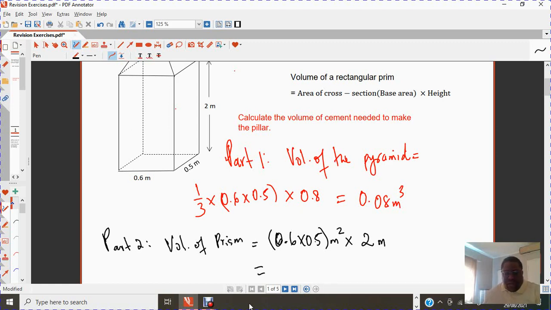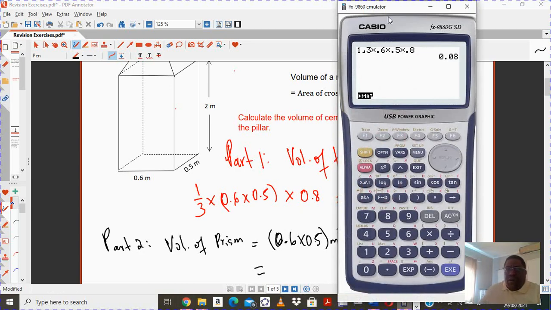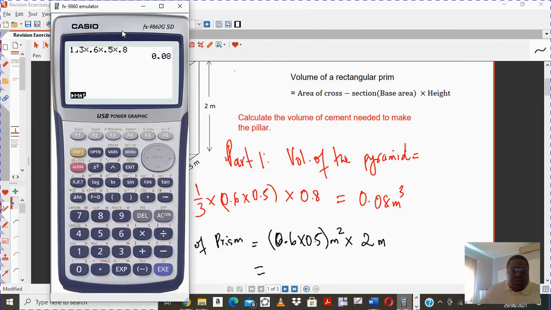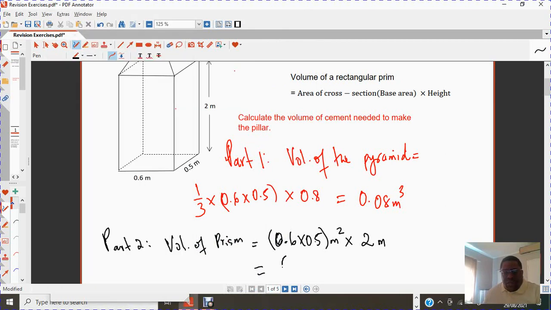Again, you can grab your calculator and work it out. It is going to be 0.6 times 0.5 times 2. Well, that gives you 0.6. So that's 0.6 cubic meters.